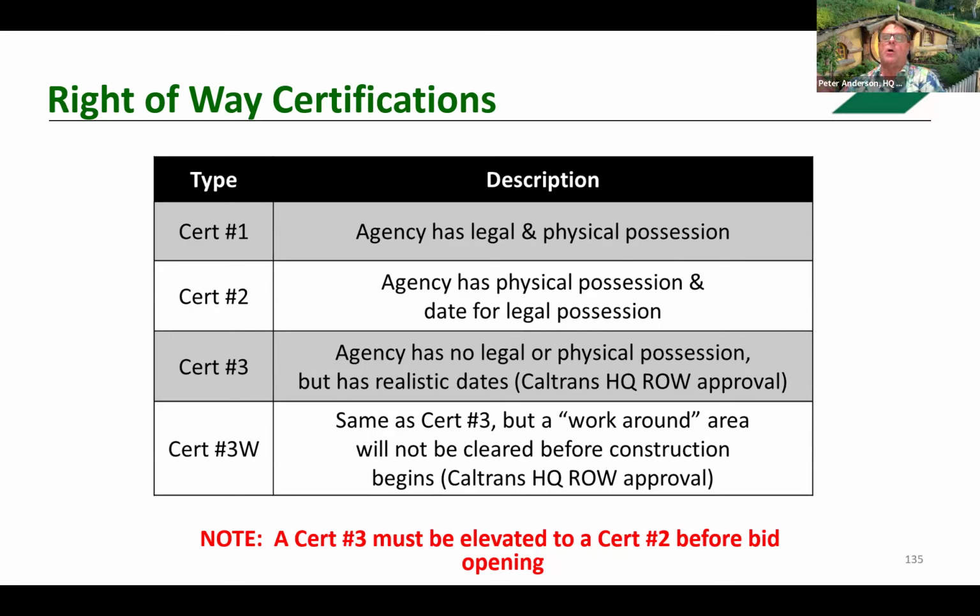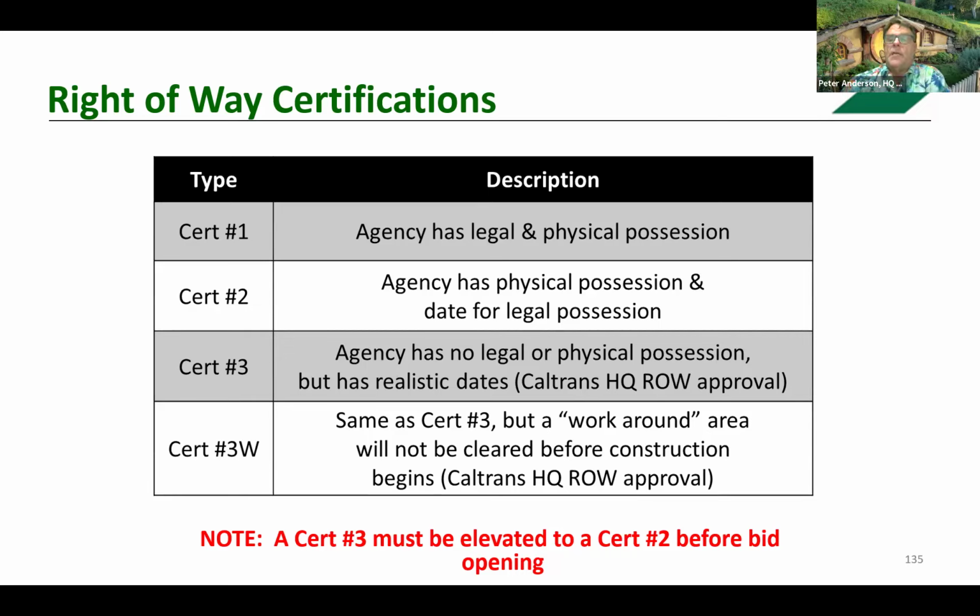So right away, certification is necessary for all construction authorizations and must be consistent with the project's approved PS&E. The purpose of the right-of-way cert is to document that any interests necessary for the project have been or are being secured, and physical obstructions, including buildings, utilities, railroads, have been or will be removed, relocated, or protected as required for construction, operation, and maintenance of the facility.